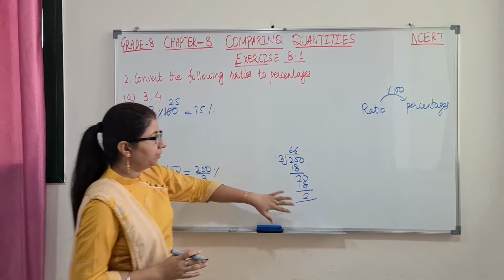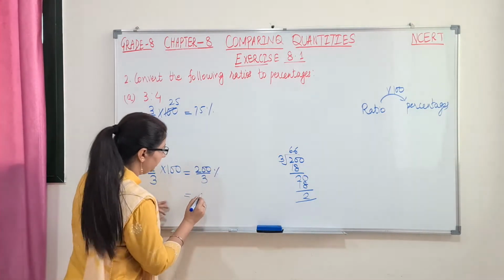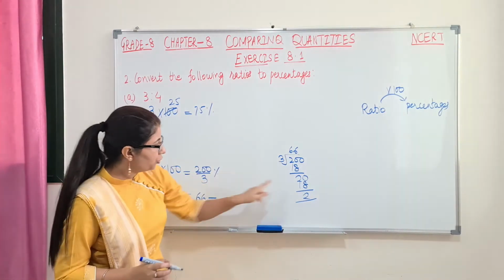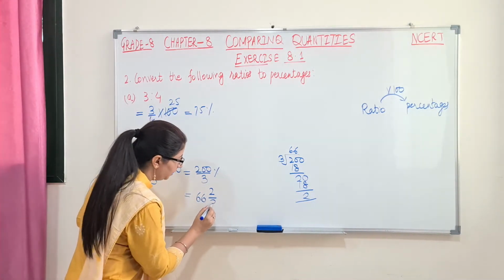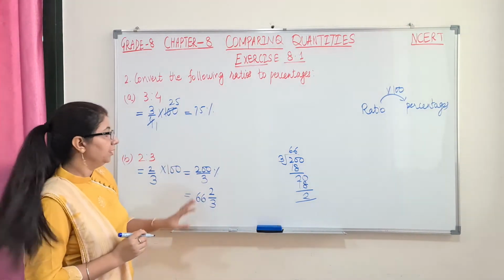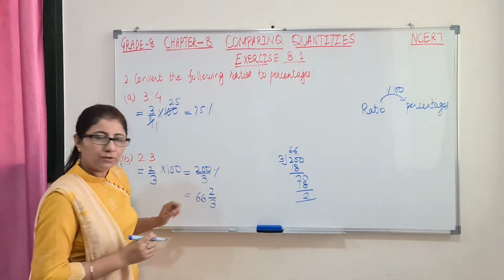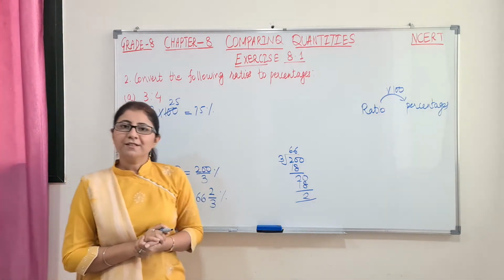Now to convert this into a mixed fraction, we will write the quotient in the middle, that is 66. Then we will put a bar. Remainder should be written here and the denominator will be our divisor. So 66 2/3%. Okay, so this is our question number 2.